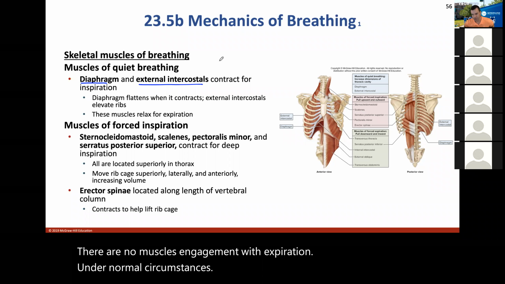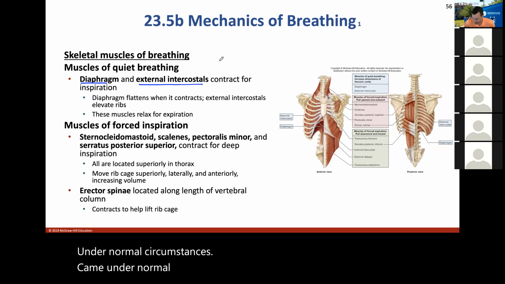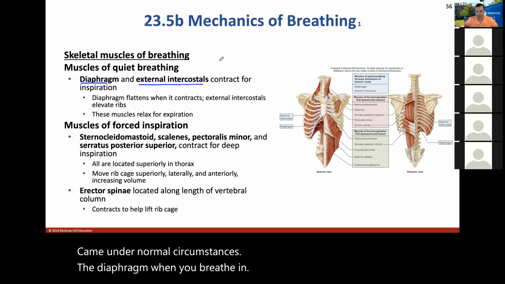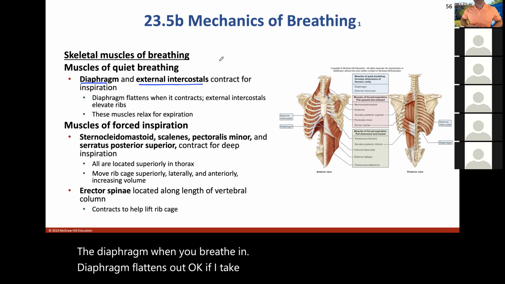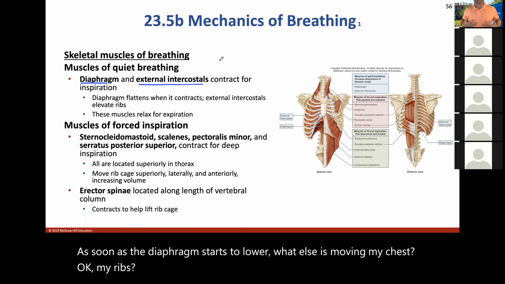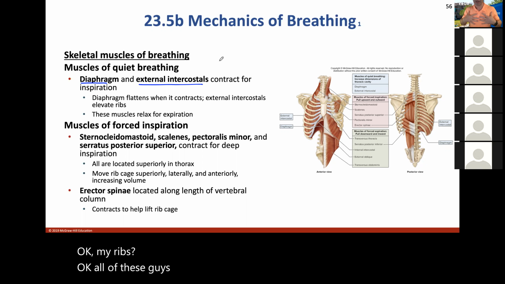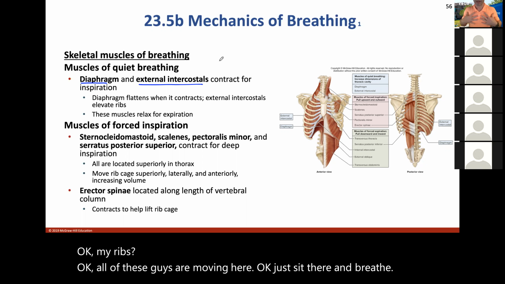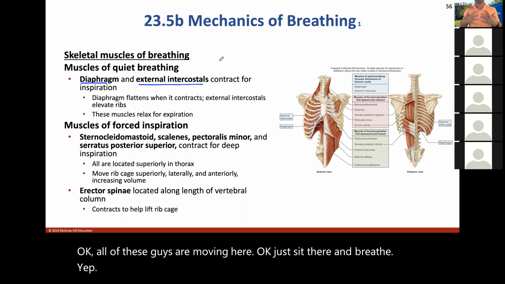Okay. Under normal circumstances. The diaphragm, when you breathe in, flattens out. If I take this breath in, as soon as that diaphragm starts to lower, what else is moving? My chest. My ribs. All of these guys are moving here. Just sit there and breathe. Now, I'm not going to over exaggerate here.